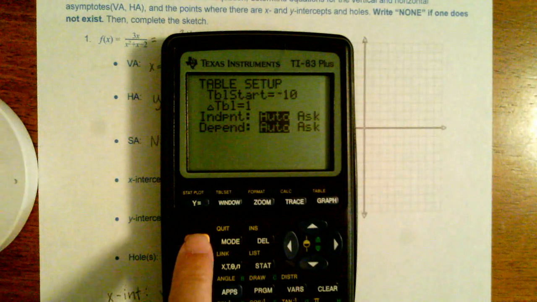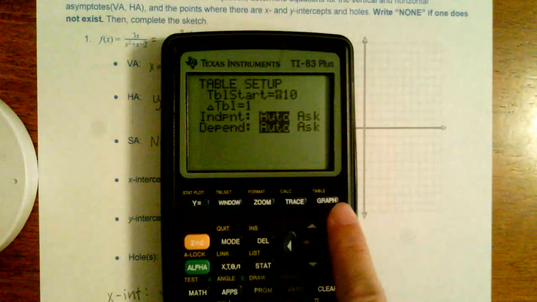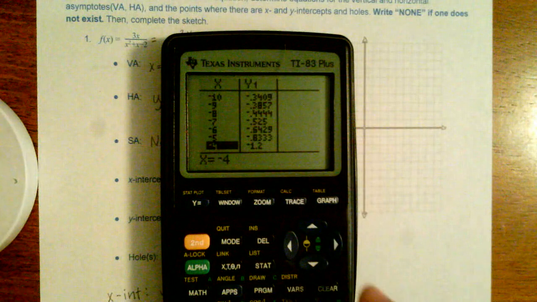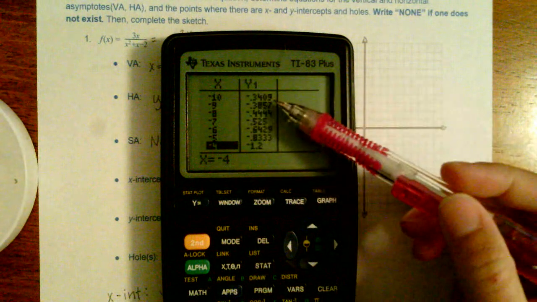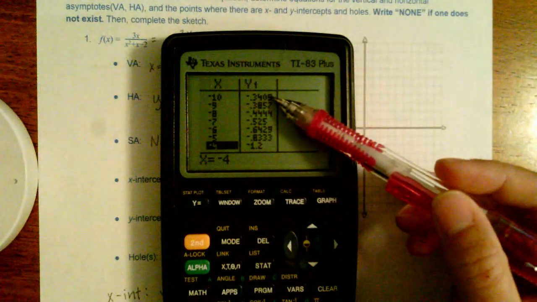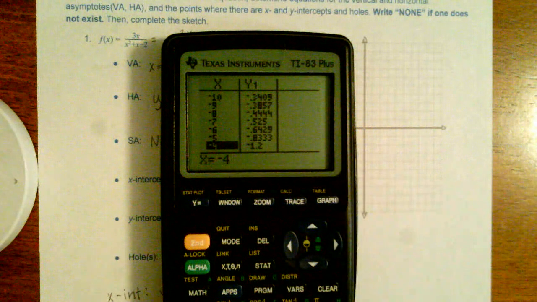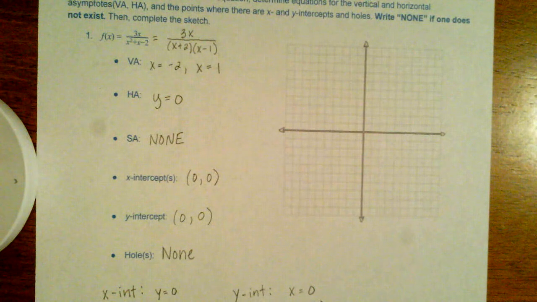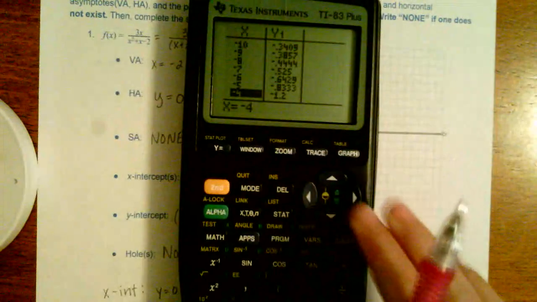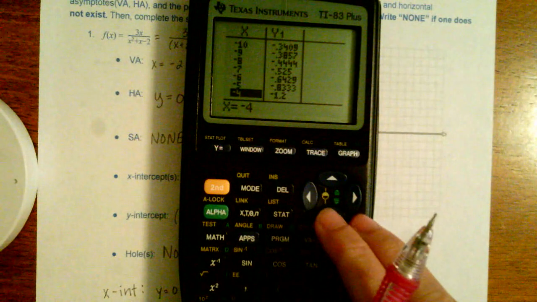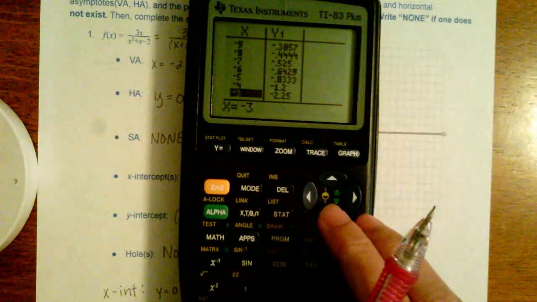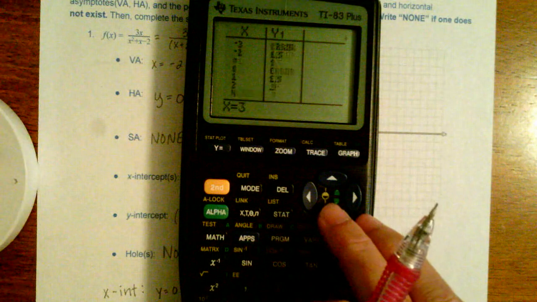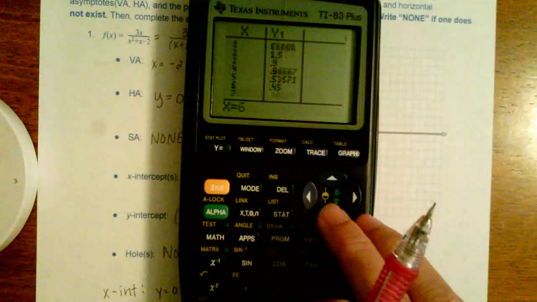So again, I'm going to hit second, and this time I'm going to go to table, which is above graph. So I see some values. At -10, we'll talk about these values in a second. Sorry, this is what I wanted to do. But I'm going to look at my values from -10 to 10 and see if they go outside of where I need it to be.